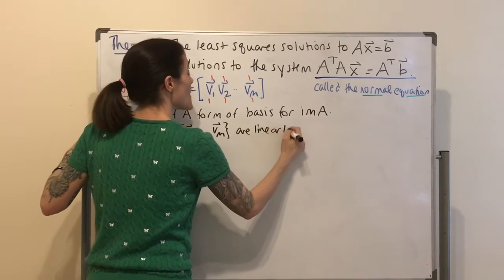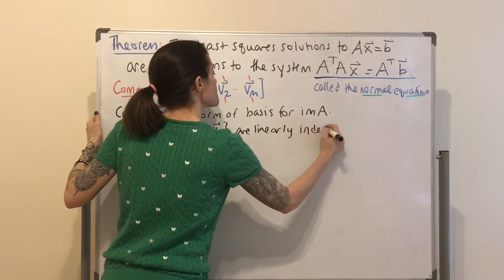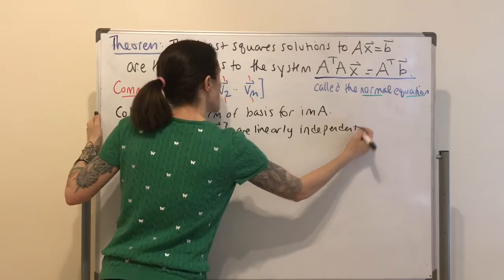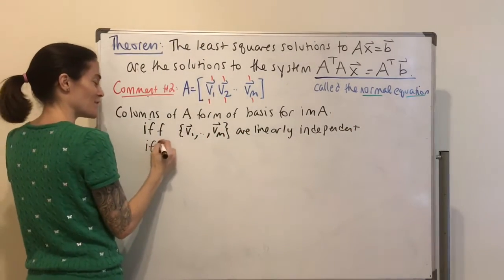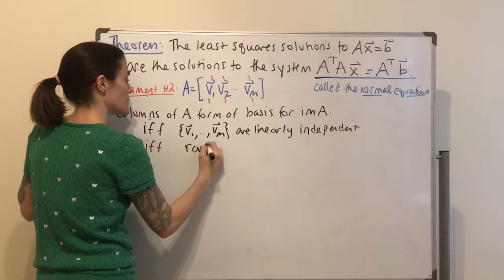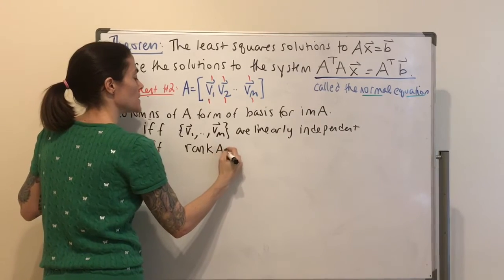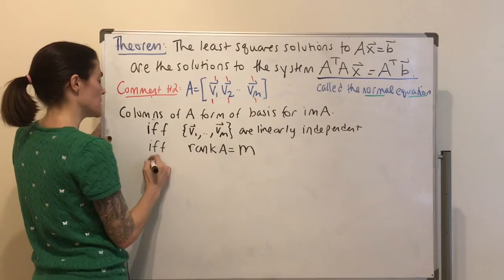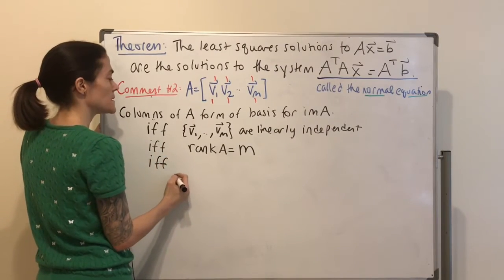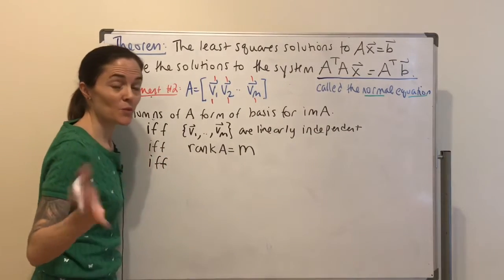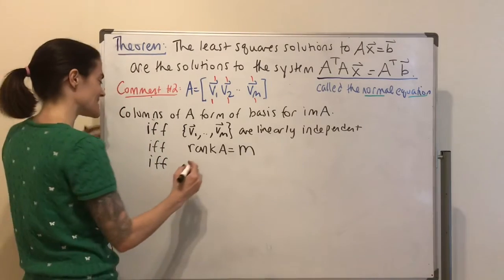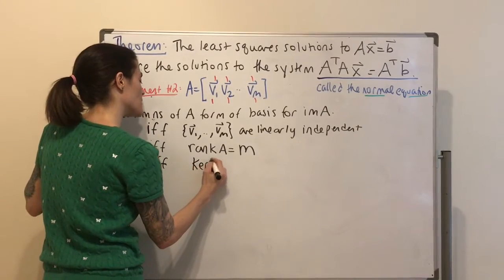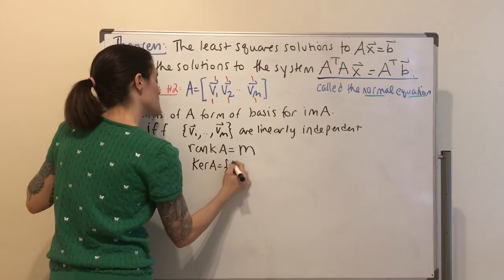We already know they span. We could also say if and only if the rank of A is m, the number of columns. Another way to say this, through the rank-nullity theorem we discussed, is that the kernel of A is 0.